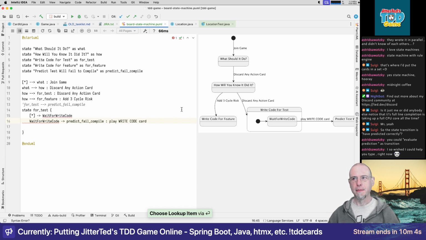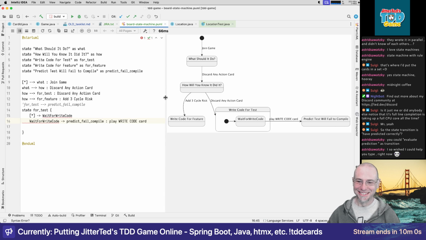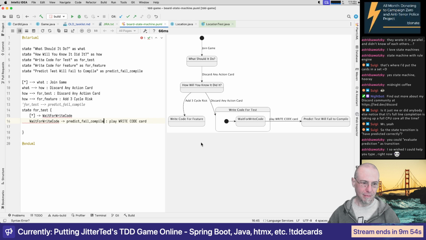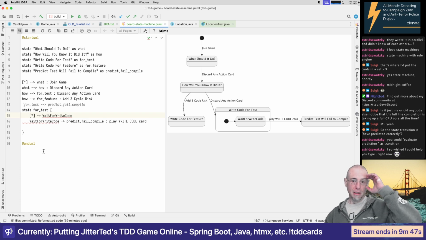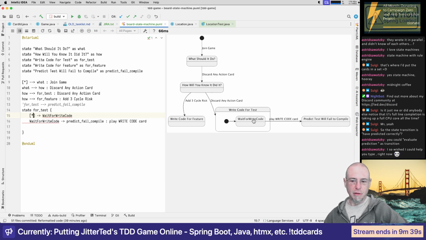Okay. Yeah, that's right. So you discard a card, it's discarded, you end up here. You discard a card, you end up in this state. You're in wait for write to code.